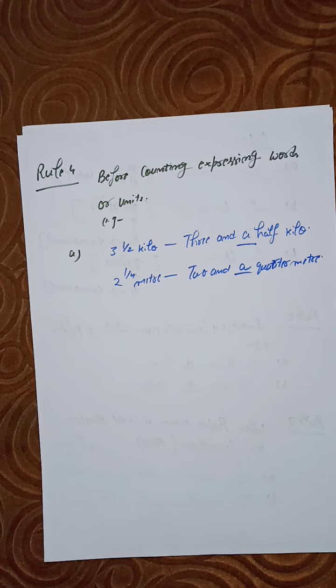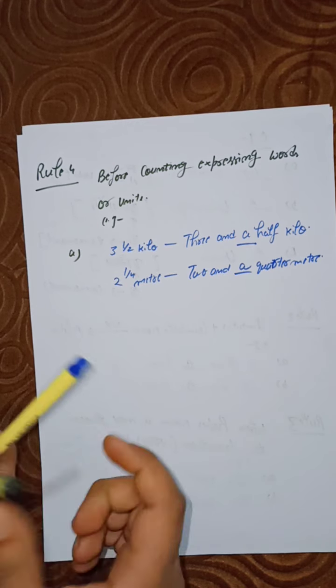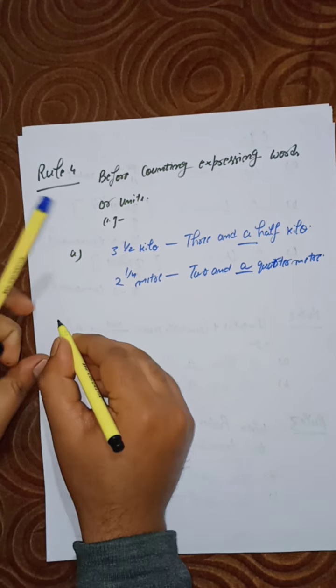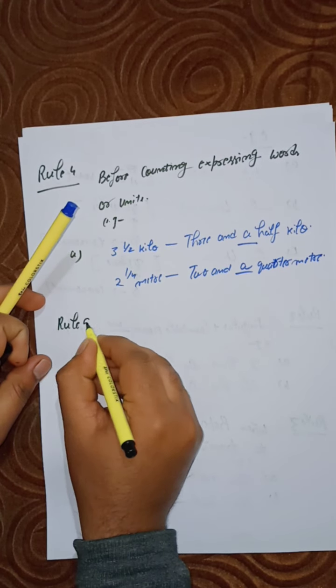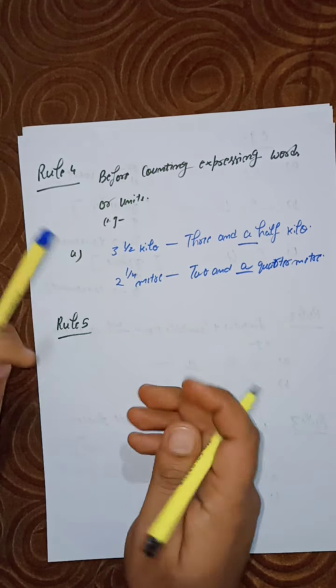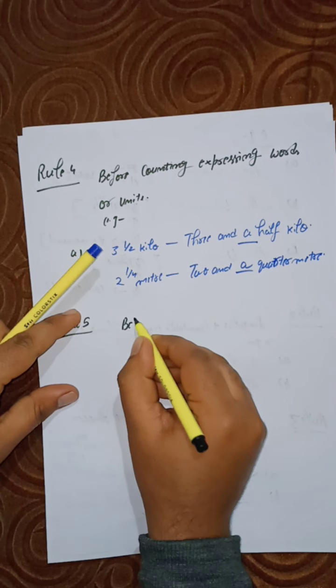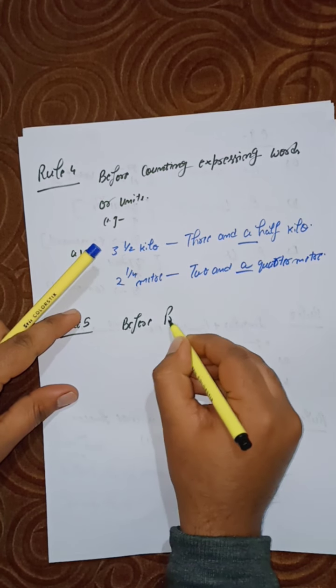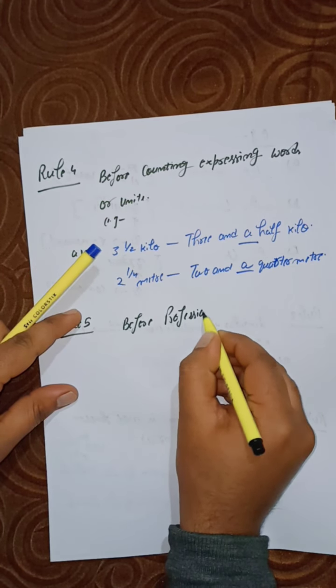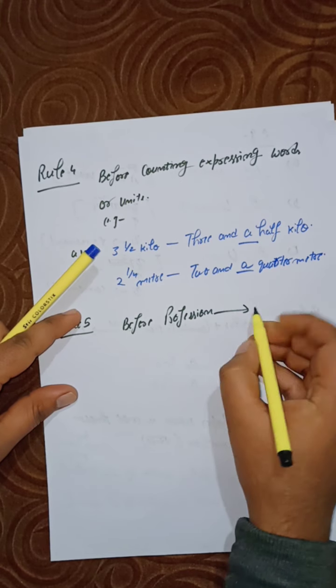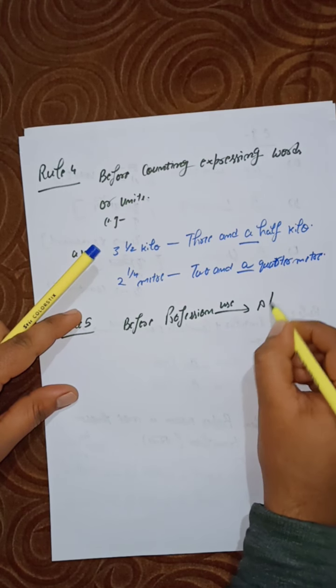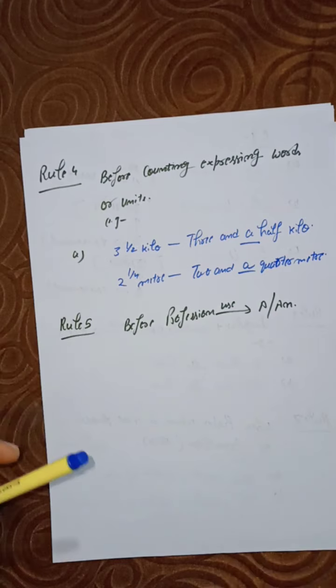Let's move to our next rule, rule number five. Rule number five says that before a profession, use a and an.